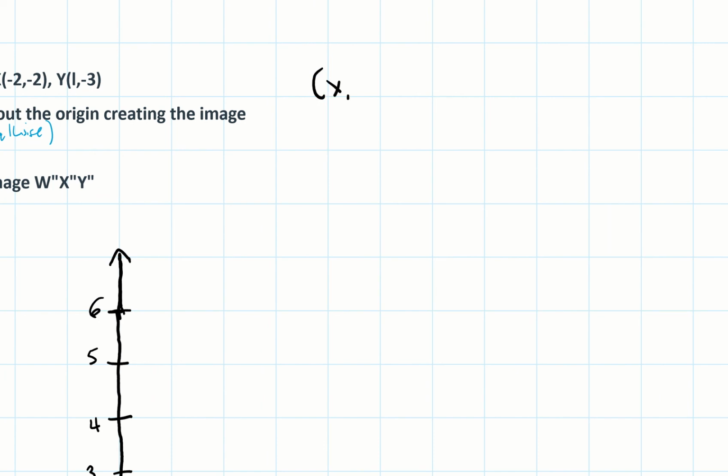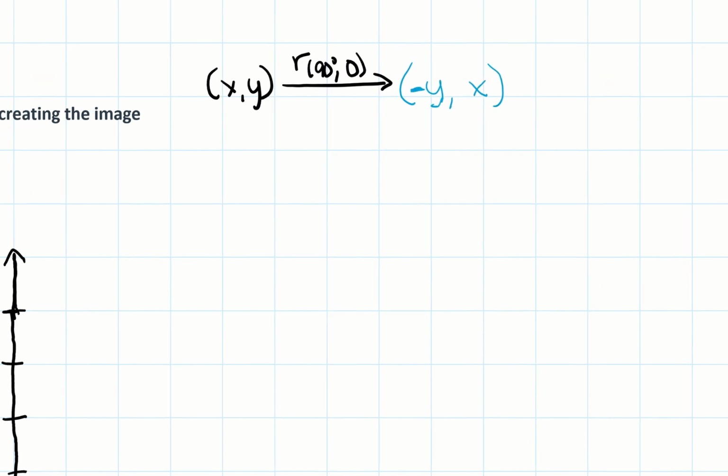So we're going to take (x, y) and do a rotation 90 degrees counterclockwise about the origin. That's going to give us our blue point. Remember that the rule for that is you switch y and x, and then the first number changes sign. That's the first rule.